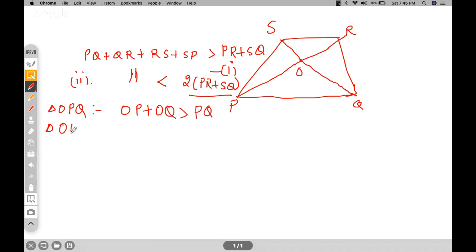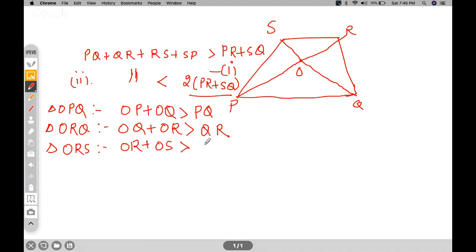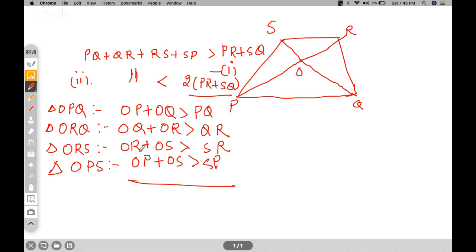In triangle ORQ, OQ plus OR is greater than QR. Now let's take triangle ORS. There OR plus OS is greater than SR. And now let's take triangle OPS, in which OP plus OS is greater than SP.